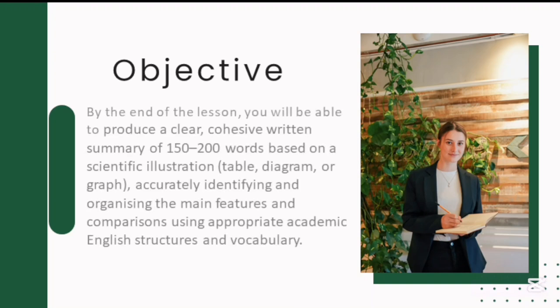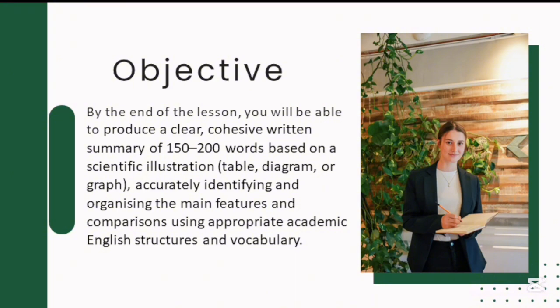We'll practice observing key elements, understanding their relationships, and then crafting a summary that captures the essence of the illustration for anyone who hasn't seen it yet, in a short paragraph of 200 words, using appropriate English and vocabulary related to your field of specialty.